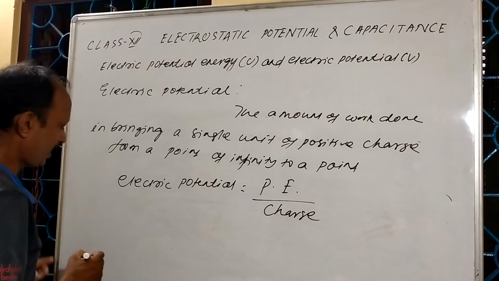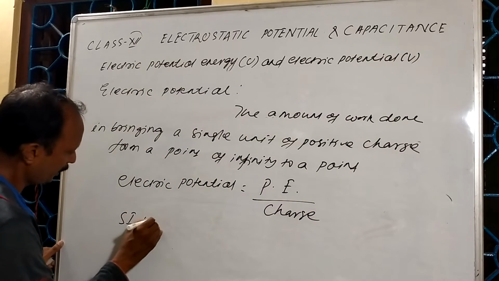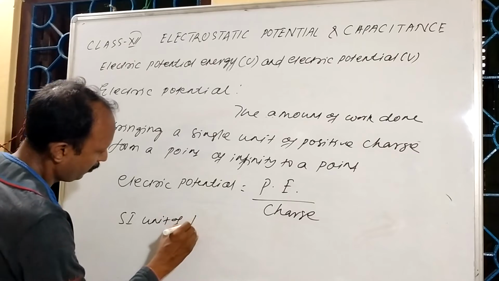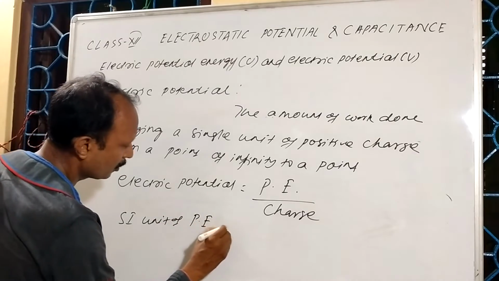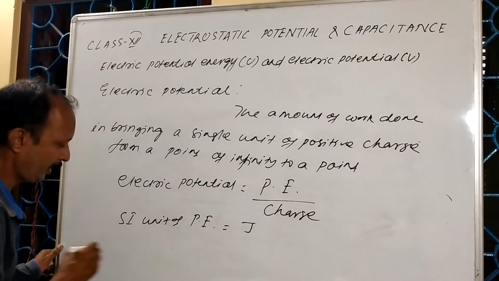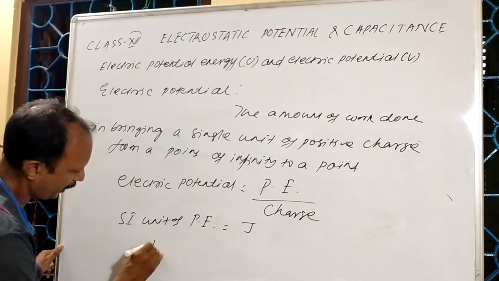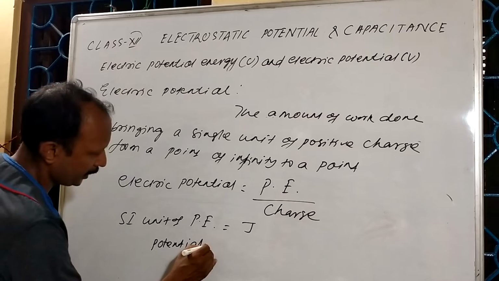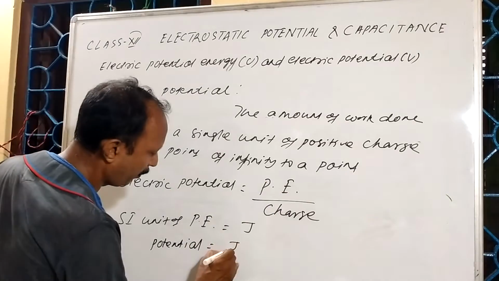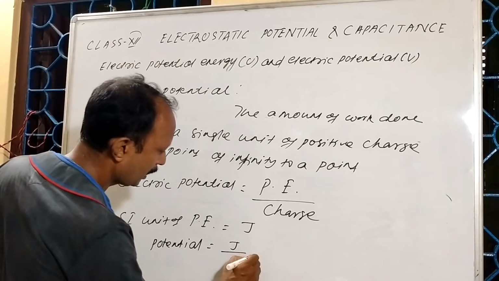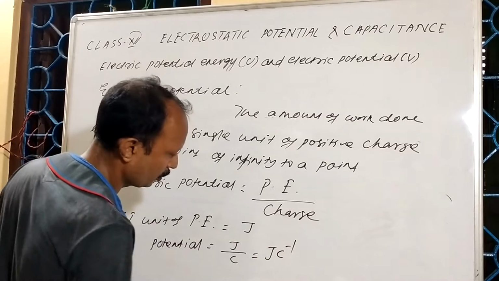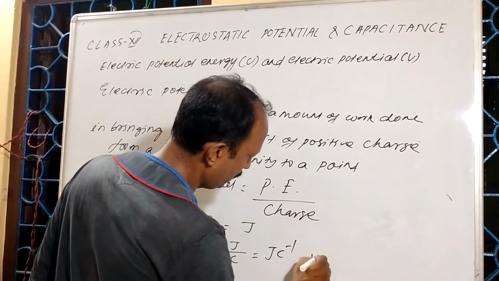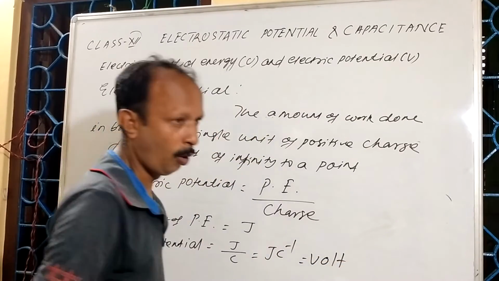Then what is the SI unit? The SI unit of potential energy is joule. Then what about the potential? Potential is equal to joule per coulomb, which is only volt.